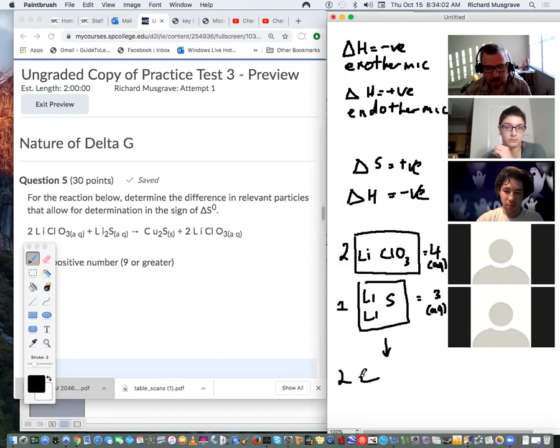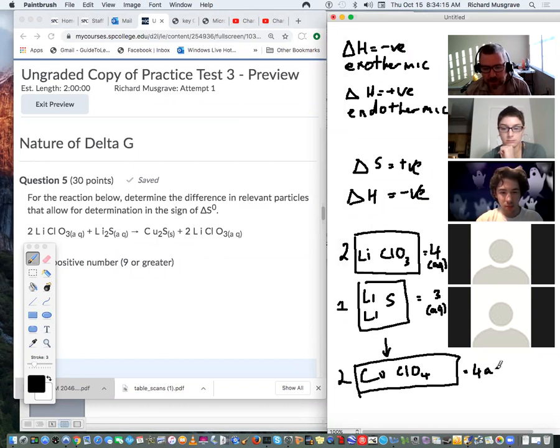So it'd be 2 CuClO3, and that would be 4 aqueous ions. And the solid we just ignore. We don't worry about that. So it would be 7 aqueous goes to 4 aqueous.